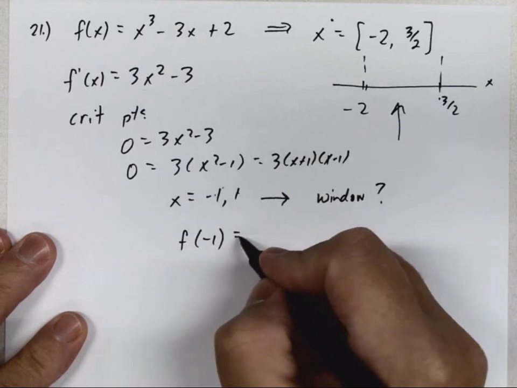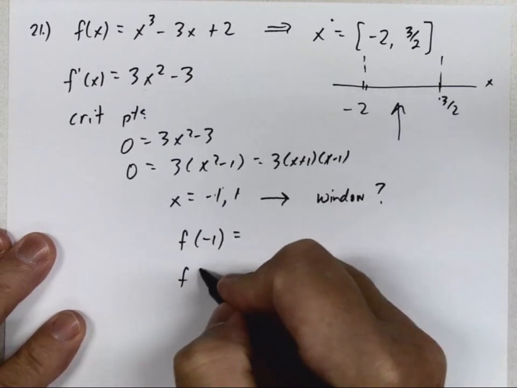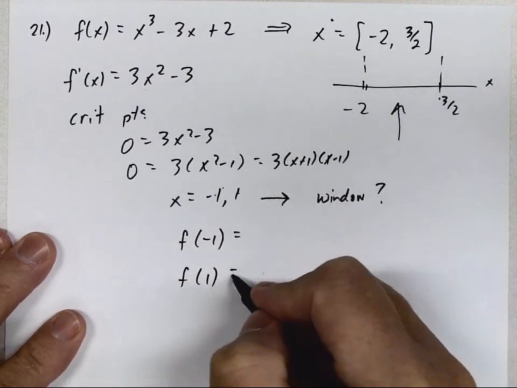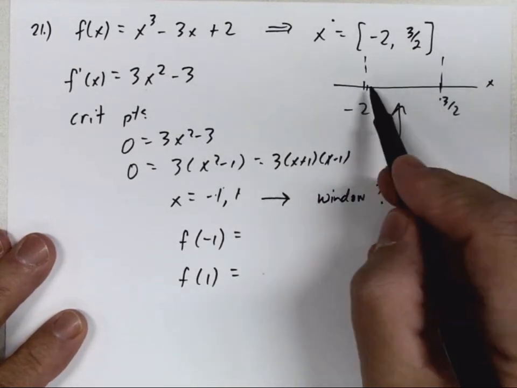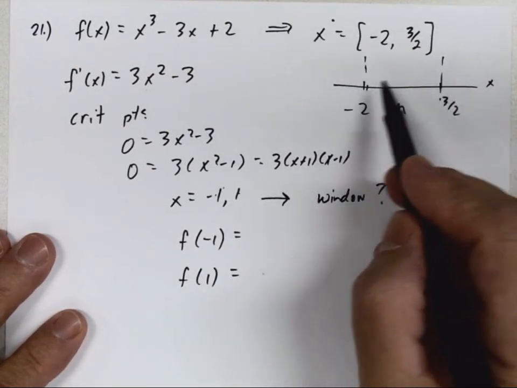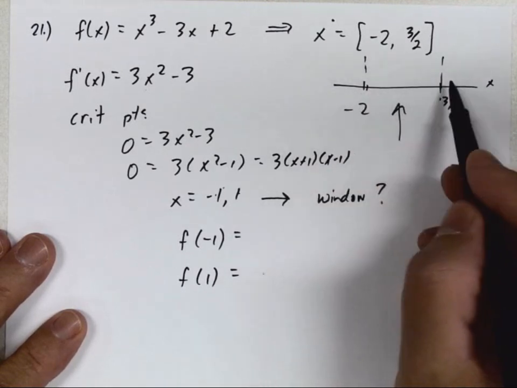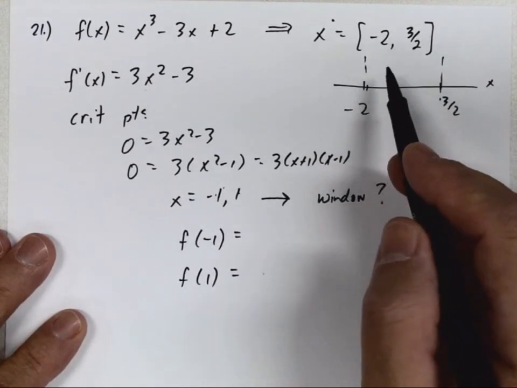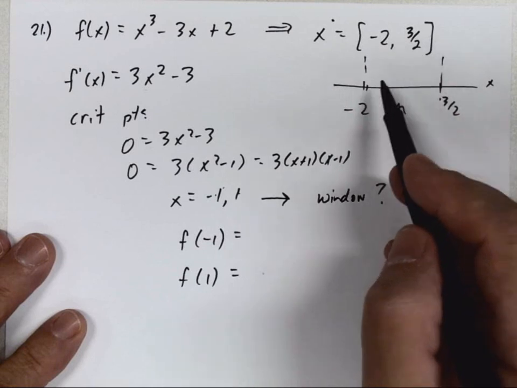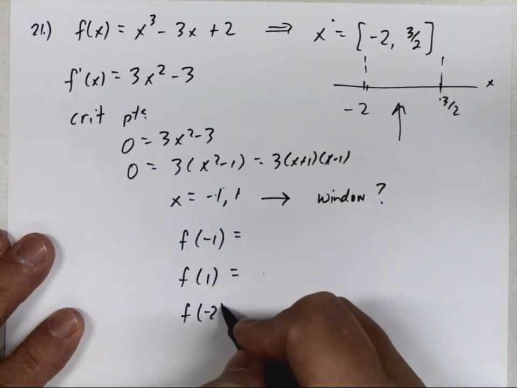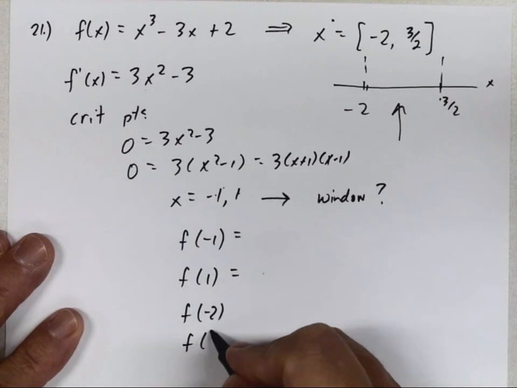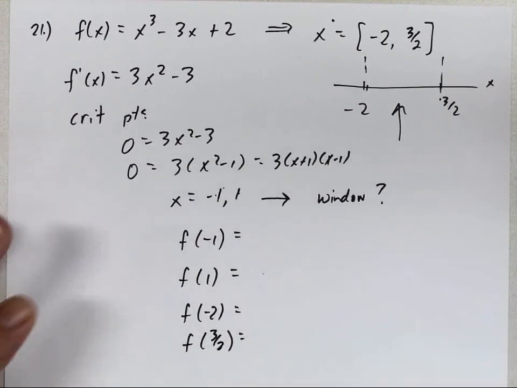I'm going to in a minute figure out f of negative 1 and f of 1, but then you also have to compare it to the edge points, the low and high points of your interval, because those oftentimes end up being your absolute maximum or minimum.